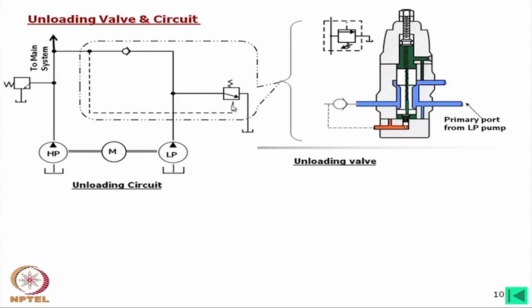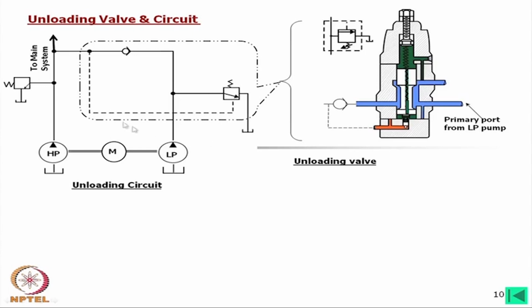Again, if this pressure is not sufficient to open this one, it will remain closed, but if there is a high pressure, this will open and then oil will go to this.